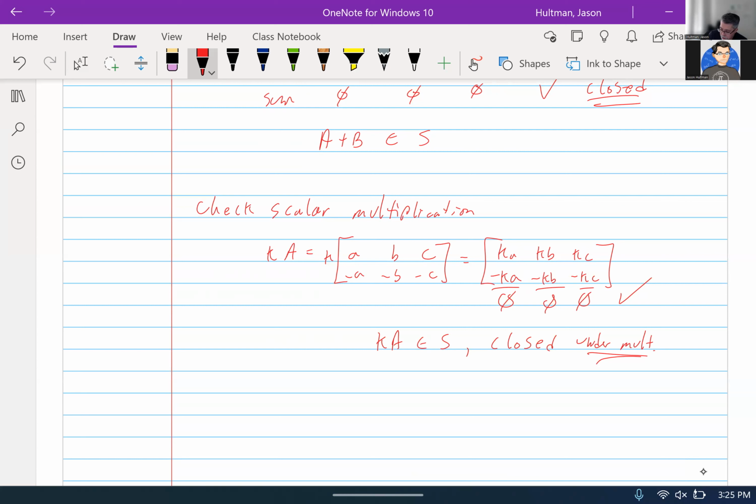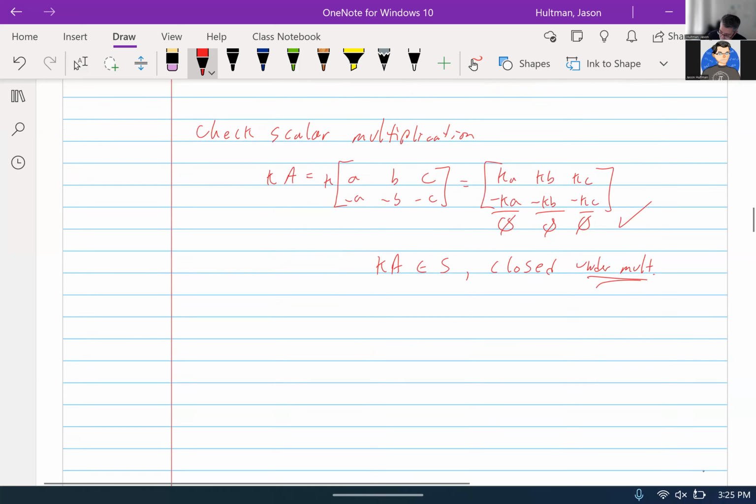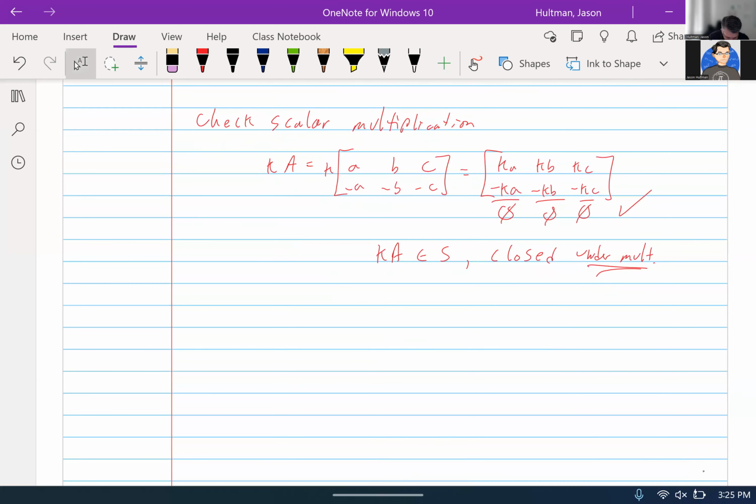But the zero vector was a part of it. It's closed under multiplication and closed under addition, and so, yes, it is a subspace. Therefore, S is a subspace of V.